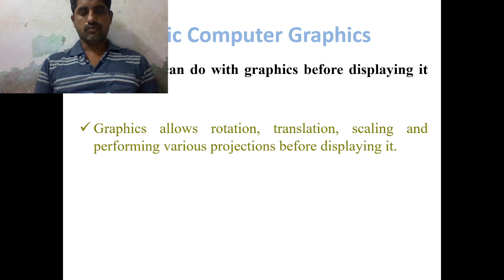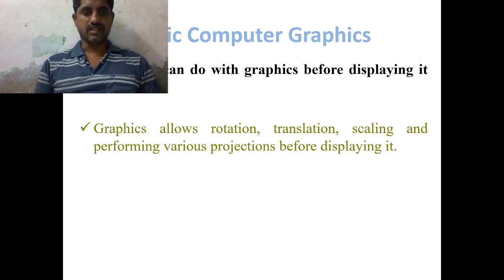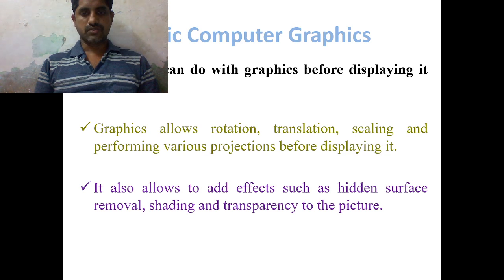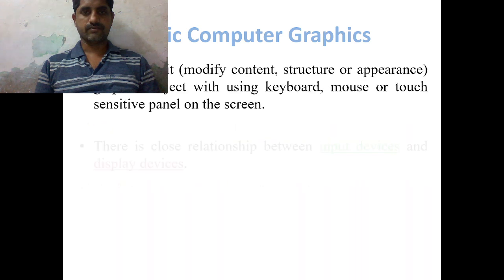What can you do with graphics before displaying on the screen? Graphics allows rotation, translation, scaling, and performing various projections before displaying the objects. It also allows adding effects such as hidden surface removal, shading, and transparency to the picture.